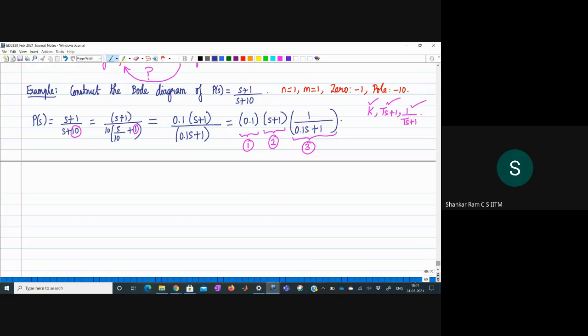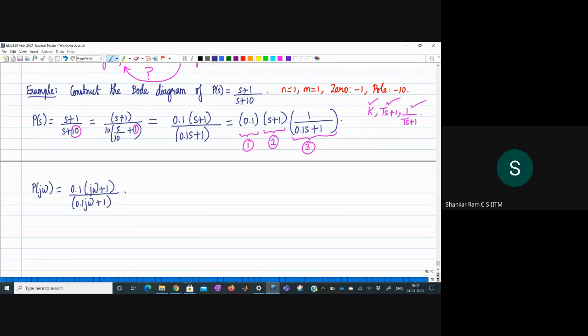All right. So I hope it is clear how we decomposed into these three terms, right? If we look at the three factors, immediately we will see that P of j omega, we can write it as 0.1 times (j omega plus 1) divided by (0.1 j omega plus 1).